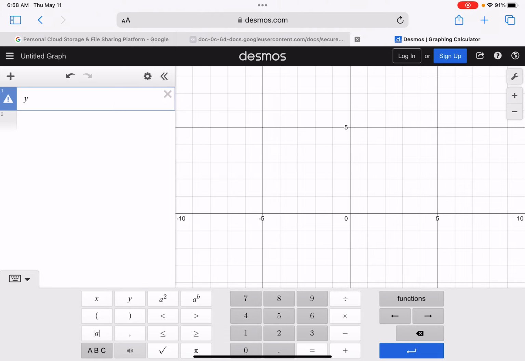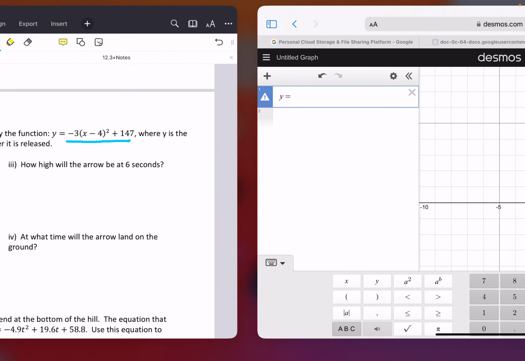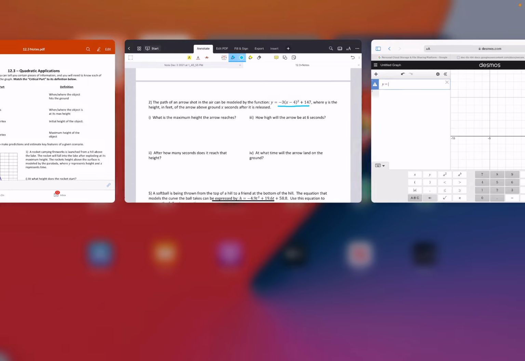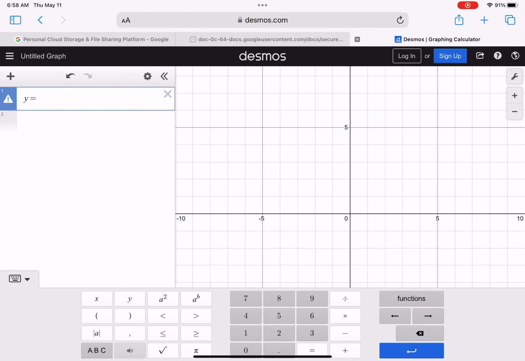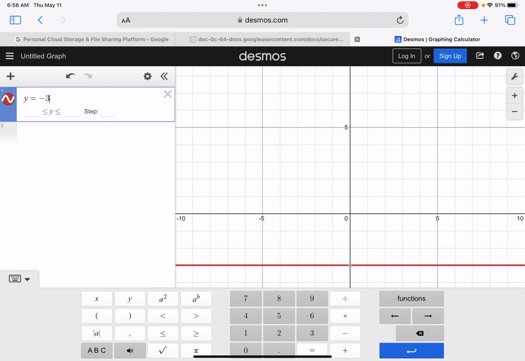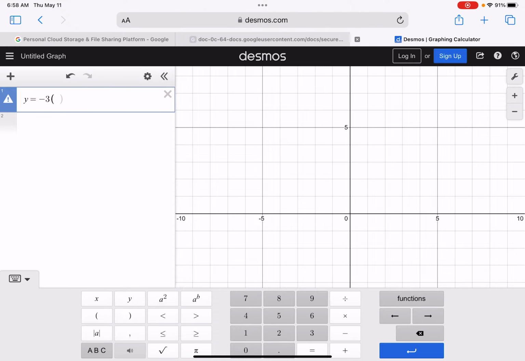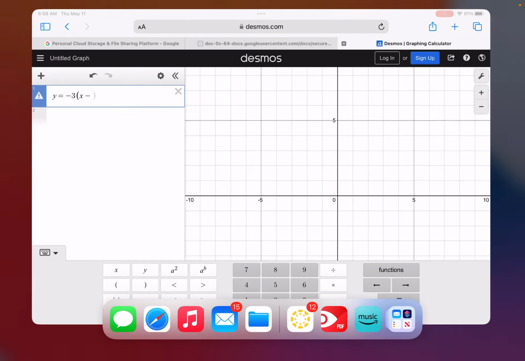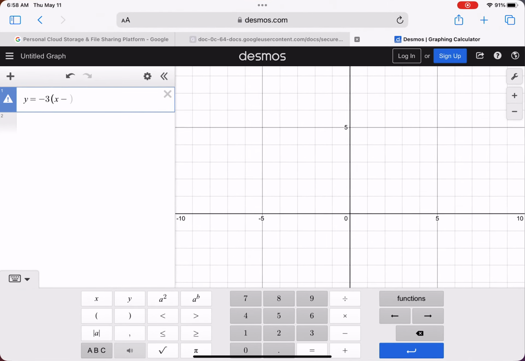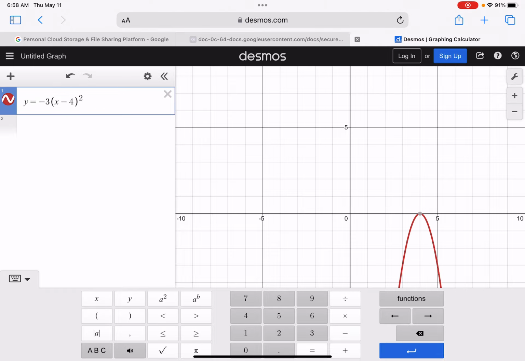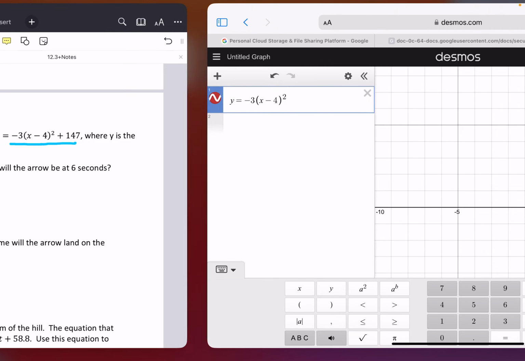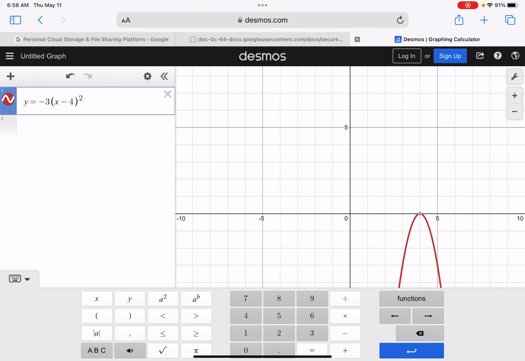So we're going to do y equals -3(x - 4) squared plus 147.